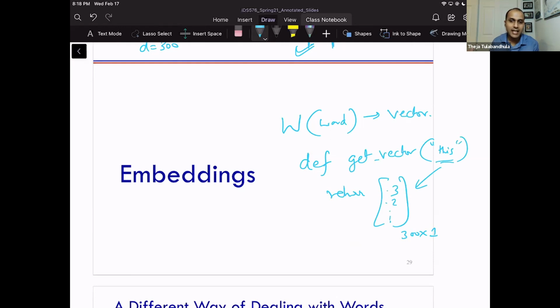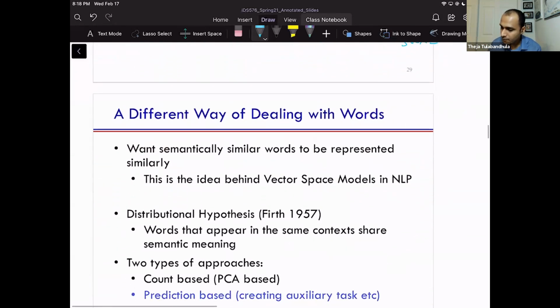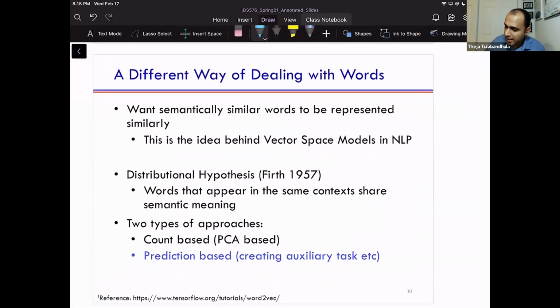An embedding is basically a mapping from words to vectors, and we have seen one-hot encoding as an example encoding. But what we want is vectors such that semantically similar words are represented similarly, which means, for example, they can have similar vectors. This is the idea behind what we call vector space models, but this is not very important.